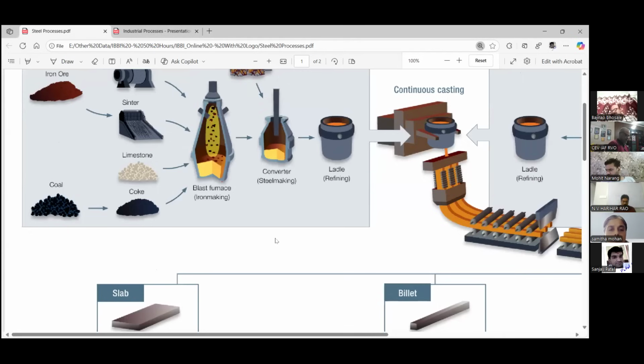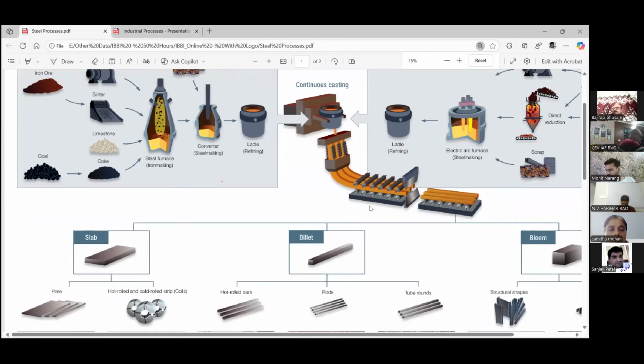billet, or bloom. Your slab may further be converted into plate or roll. From the output of the continuous casting machines, your billet may further be converted into bar, rod, or tubes.